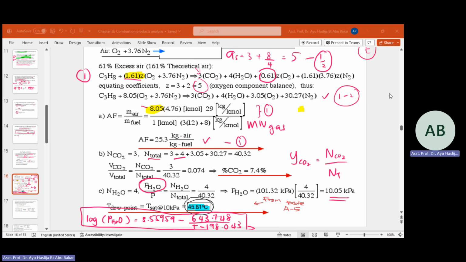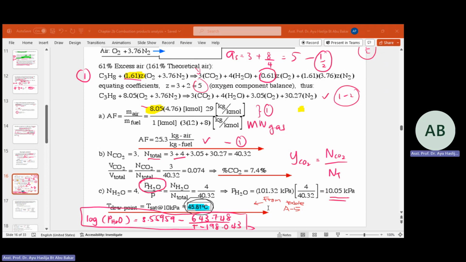Table A5. Wait. Okay, sorry. A5, saturated water. Apa tadi? 10 kan? Okay, 10.